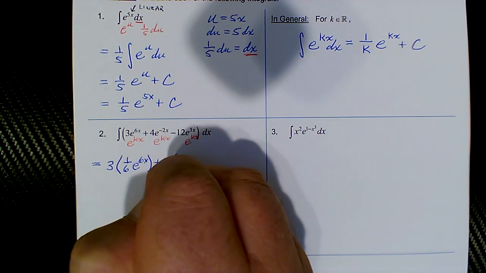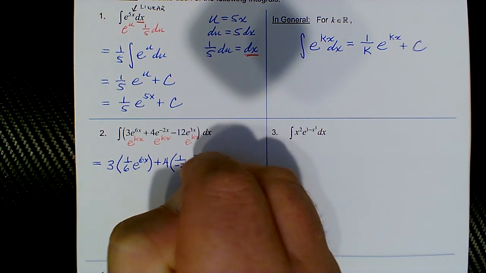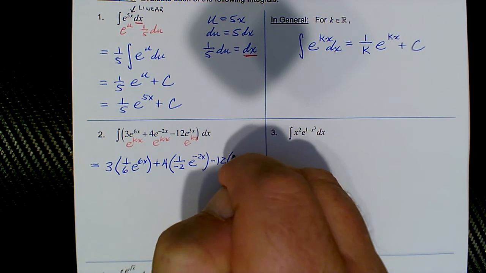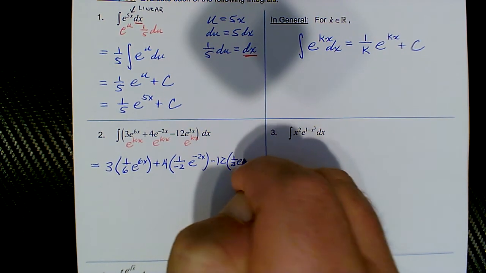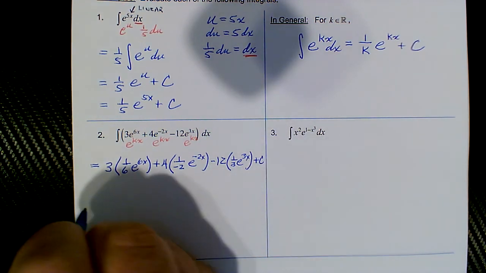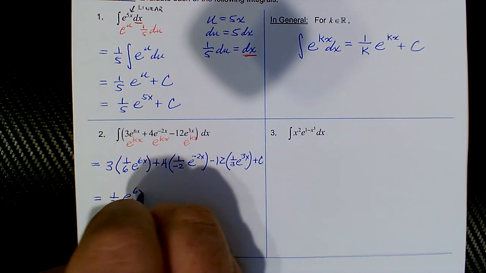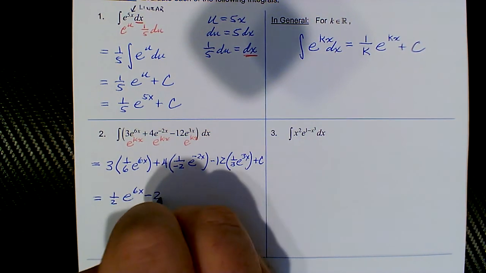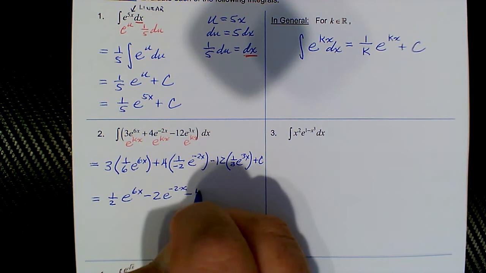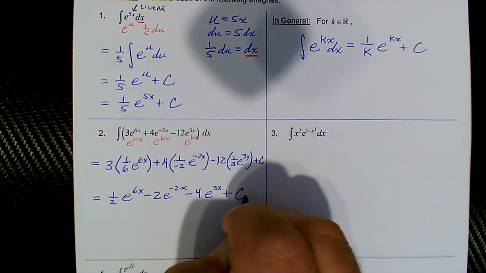E to the negative 2x would integrate to be 1 over negative 2, e to the negative 2x, and then finally minus 12 tags along, and e to the 3x would be 1/3 e to the 3x. Then I'll squeeze in the constant there. And so then simplifying, we get 1/2 e to the 6x minus 2 e to the negative 2x, and then minus 4 e to the 3x plus our constant.